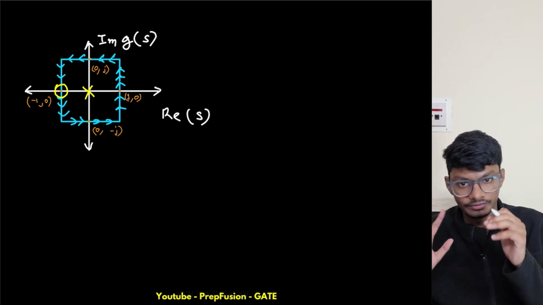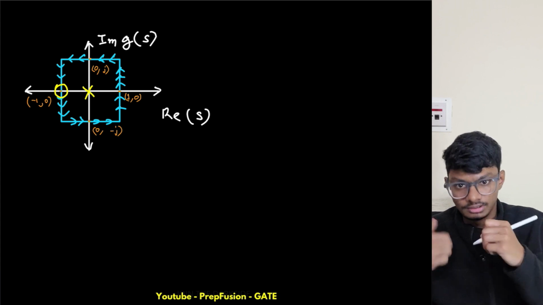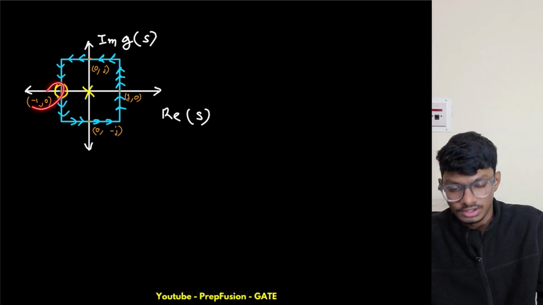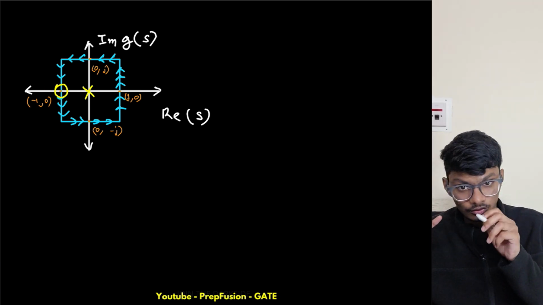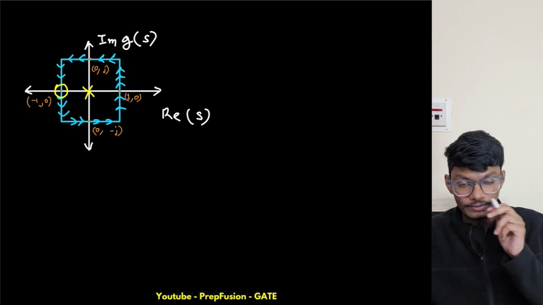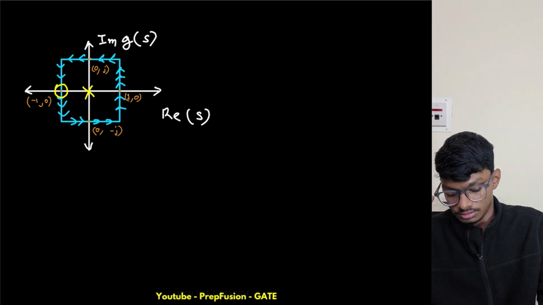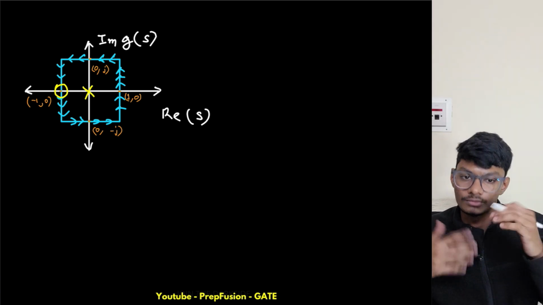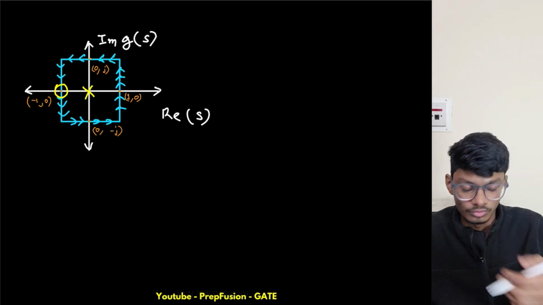We'll come to that point, don't worry. So from here I can tell that the mistake has been made: if a 0 is touching my contour, one of the mapped contours will also touch the origin, and if a pole is touching, then one of the contours will go to infinity. We'll understand slowly as we do more examples.